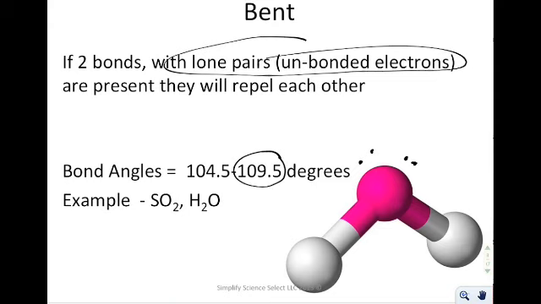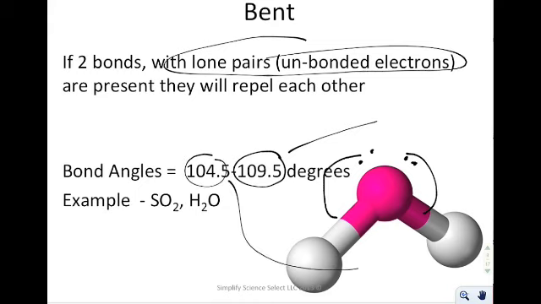You have 109.5 between these and 109.5 in between these, while the bond angle between the two atoms themselves is only 104.5. And so examples of these, you have SO2 and you have H2O, with either the sulfur or the oxygen playing the role of this central atom right here. So that's bent.